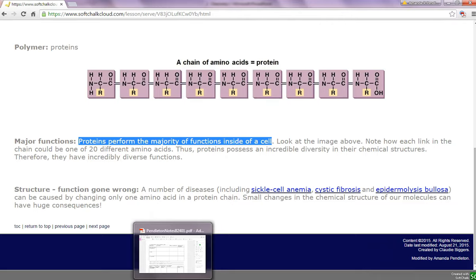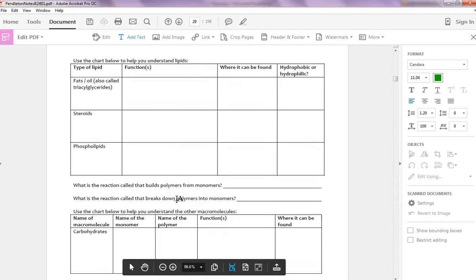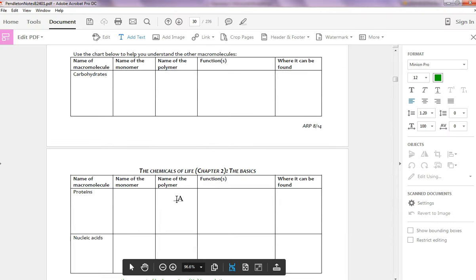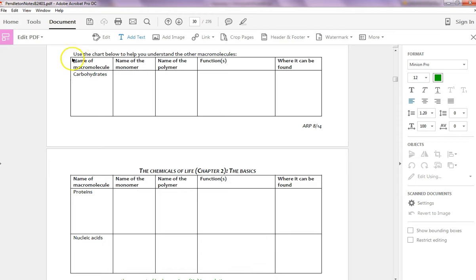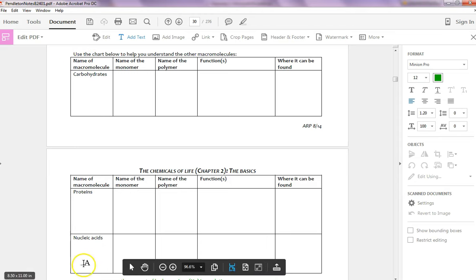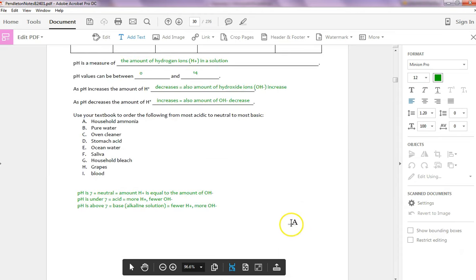Now, there is an example in your notes packet, and actually while I'm here, I should just say this is a chart to help you fill in some of these basics about your macromolecules. So what's the monomer, what's the polymer, what's the function, are there specific places that you might find it?